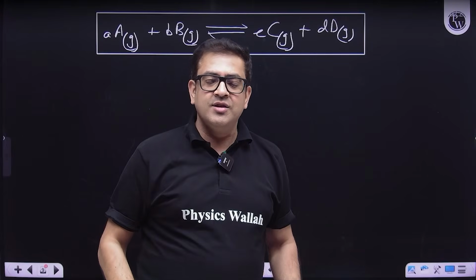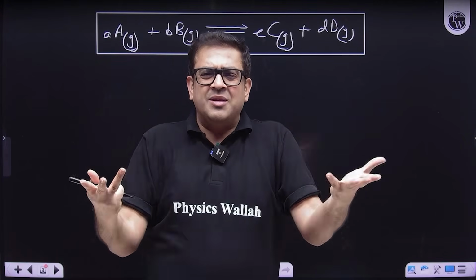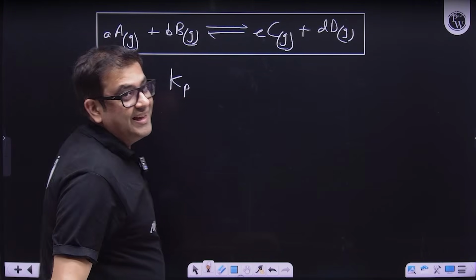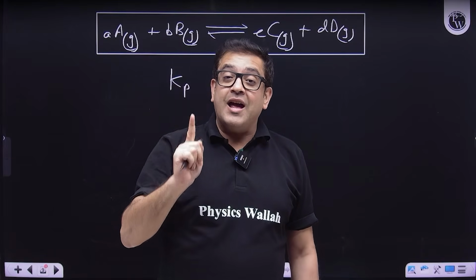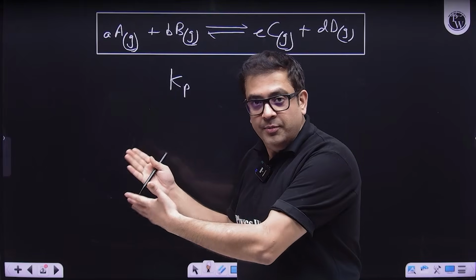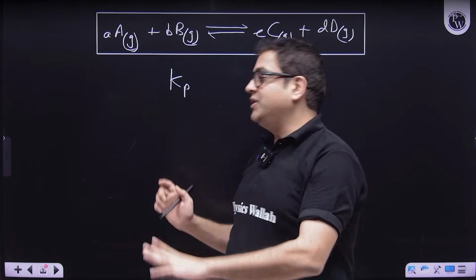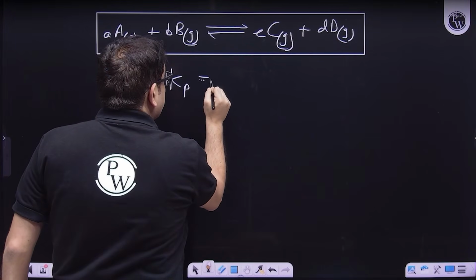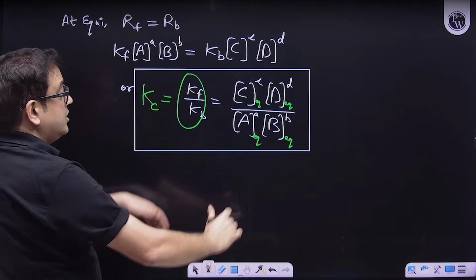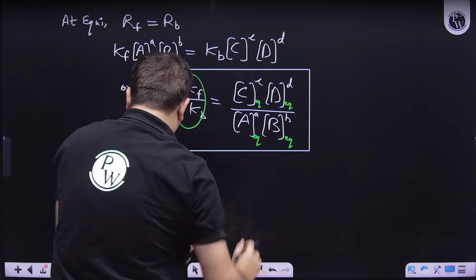So for such reactions, we write the equilibrium constant in just a similar fashion. We represent it as Kp, because the ratio of Kf upon Kb is always represented as K, the equilibrium constant, but here we are expressing it in terms of partial pressure of these gases. The same analogy applies: if a balanced reaction is written, it is the concentration of products upon the concentration of reactants.